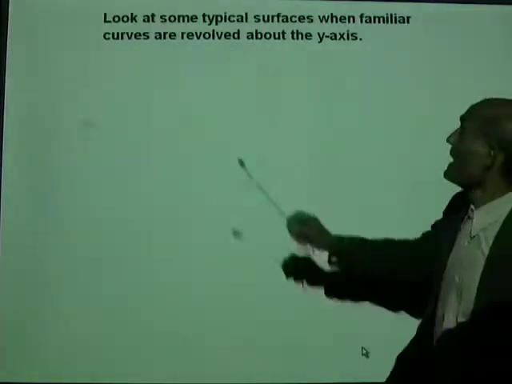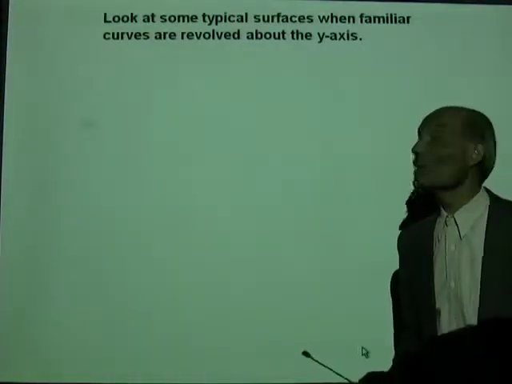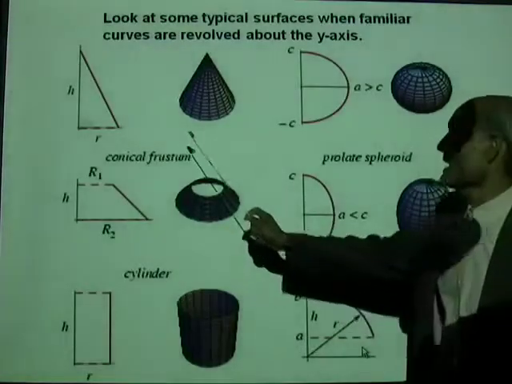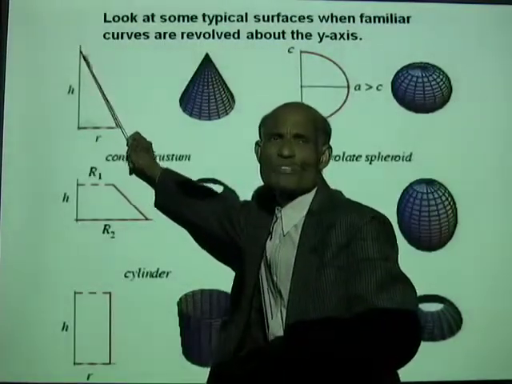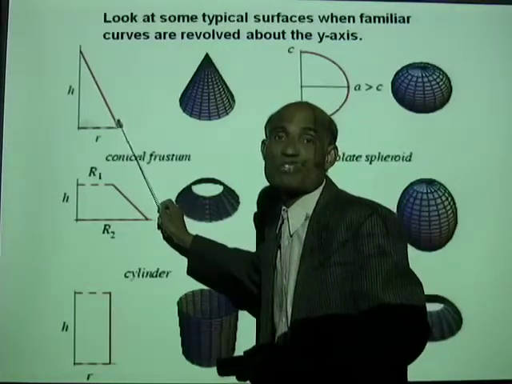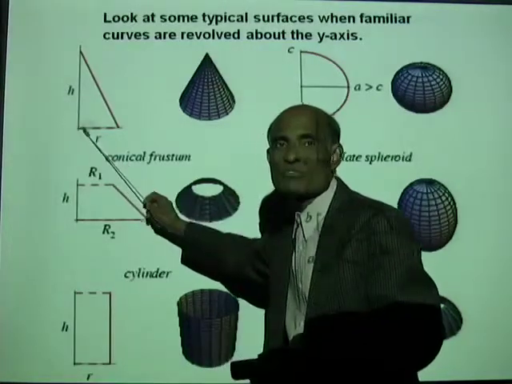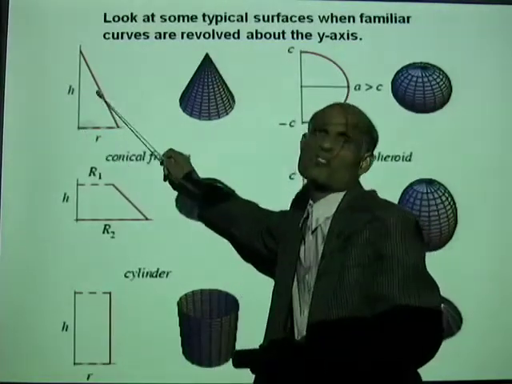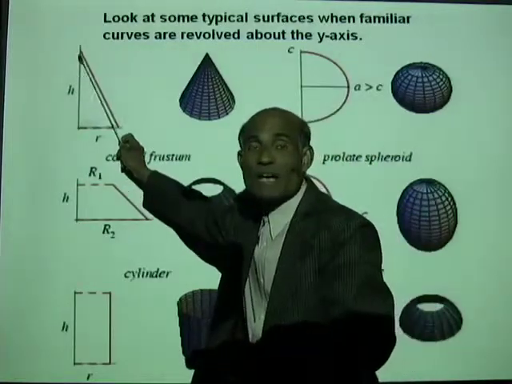Okay, look at some typical surfaces when familiar curves are revolved. Now, look at this. This is a curve. Can you give me an equation for this? Well, this can be something like y equal to negative x plus something, negative x plus 2, negative x plus 3 will give you that line.